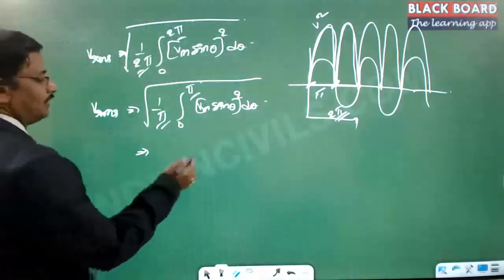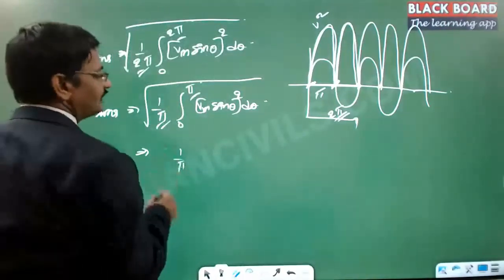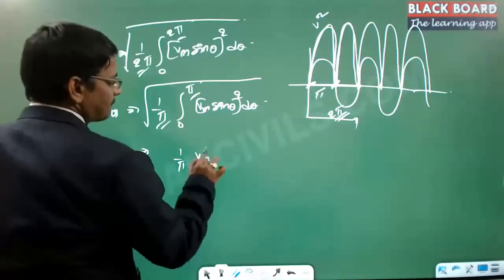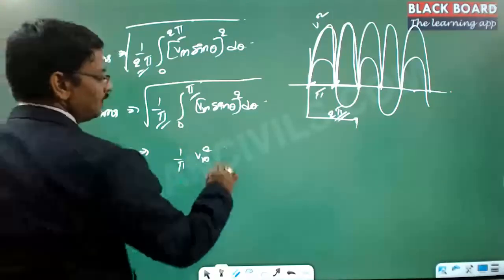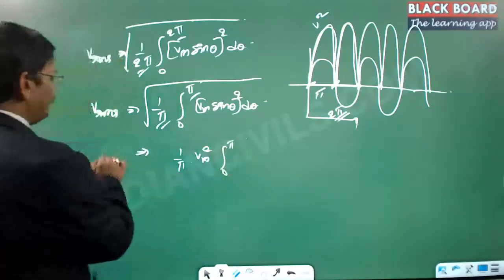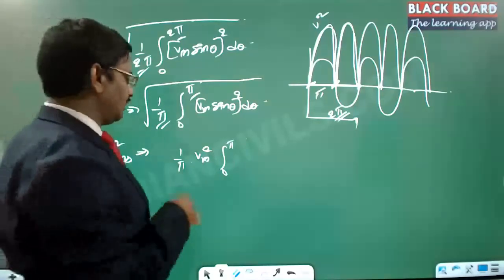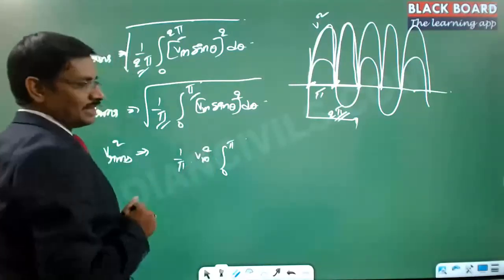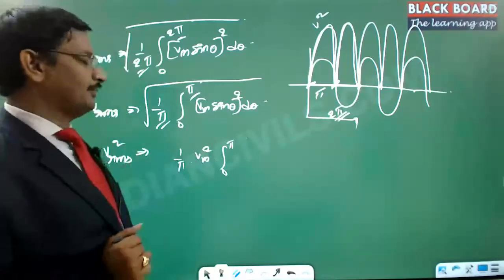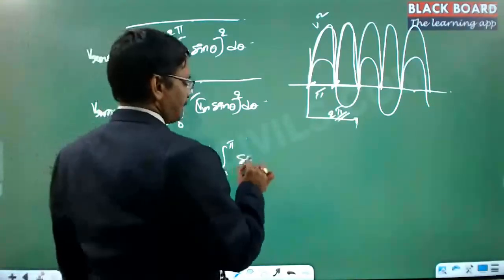So I will solve this one. Here it is 1 by pi times Vm square sine square theta, integral 0 to pi. We calculate VRMS square, and at the end we take the square root of it. Vm square is a constant which we can take out, leaving Vm square by pi times the integral of sine square theta d theta.